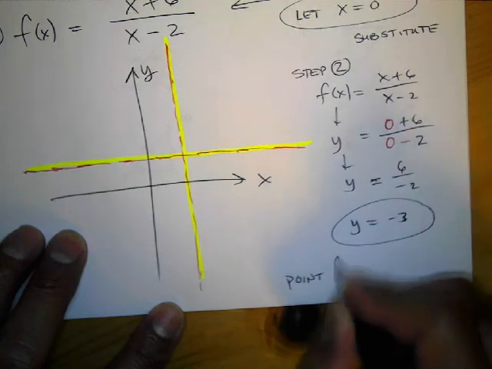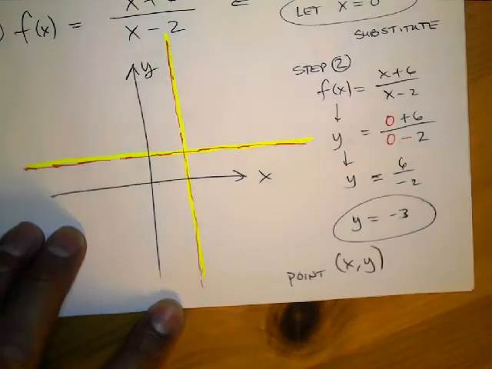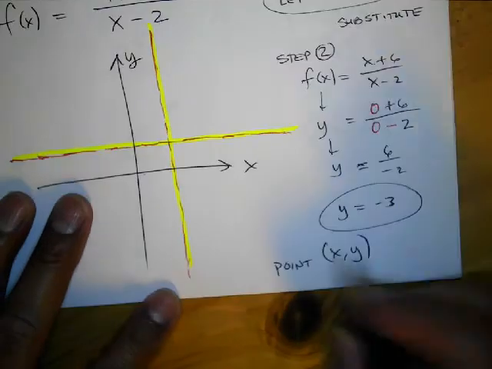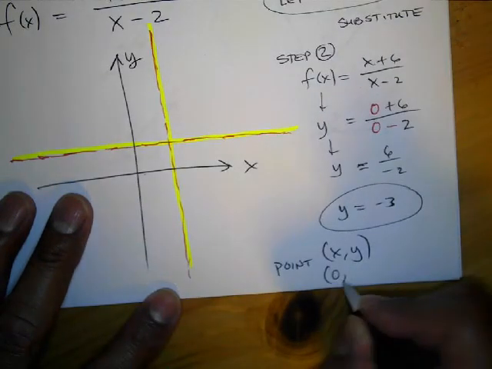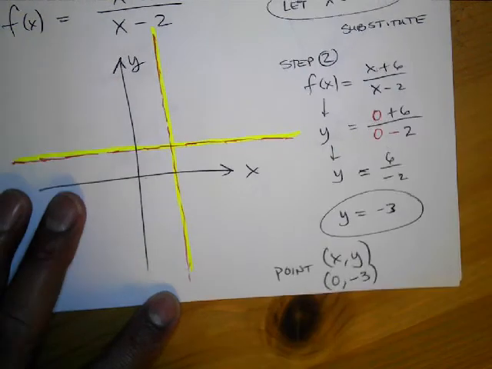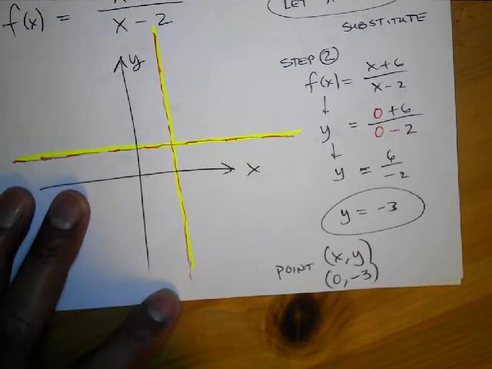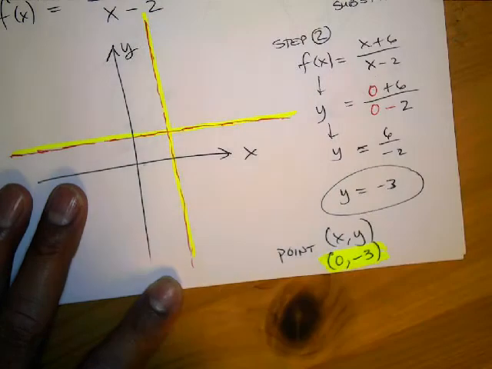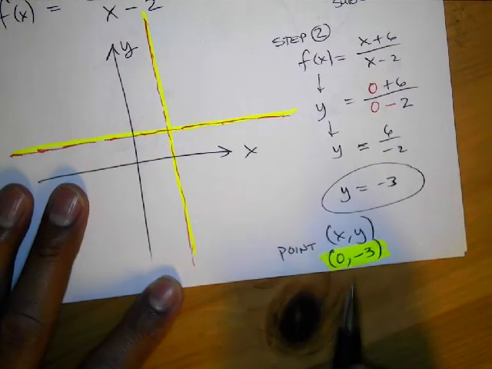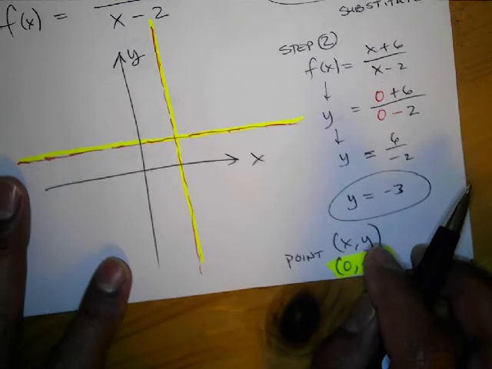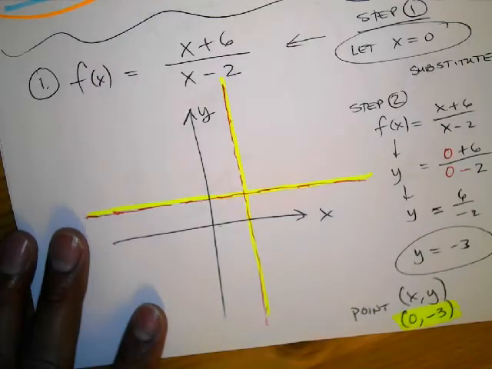When I picked x equals 0, I got negative 3. That means this point is what? For a coordinate, I need an x and a y. 0 for the x, negative 3. That means at this point, 0, negative 3, this point is on the graph, because I substituted into this function and got 0, negative 3.